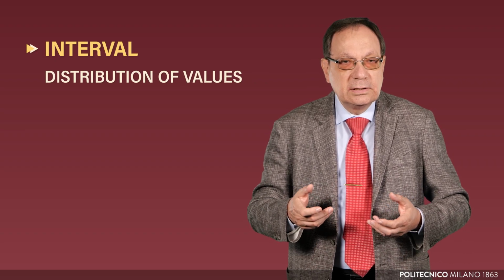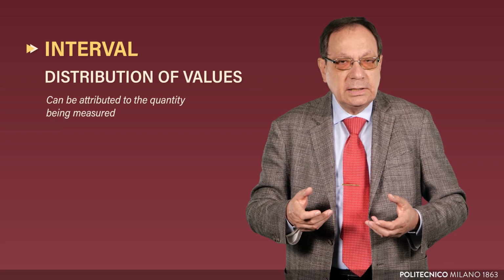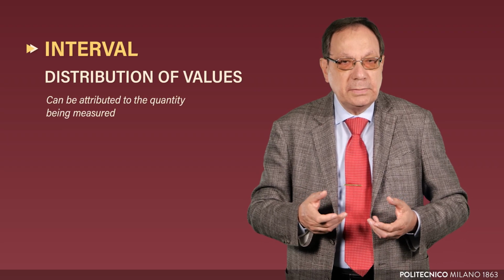The GUM then tells us that in many applications it is not enough simply to state the result of a measurement. It is also necessary to provide an interval about the measurement result that may be expected to encompass a large part of the distribution of values that could reasonably be attributed to the quantity being measured.